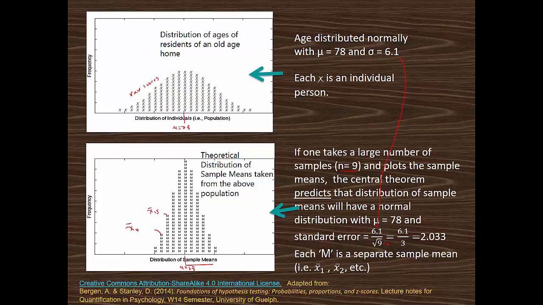The key thing to get out of this is that they're both normally distributed and both have the same mean.